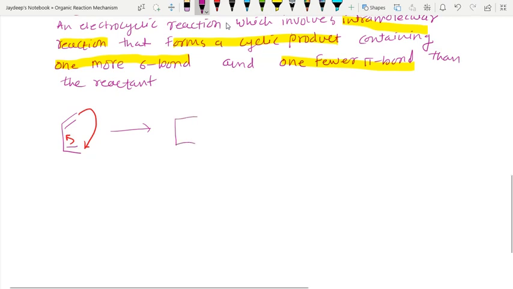Now this is going to form a new bond. Now this is a double bond and this is again a new double bond. So this is a transition state. Now the product formation is here.